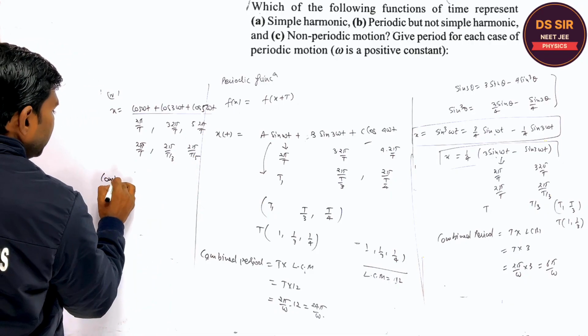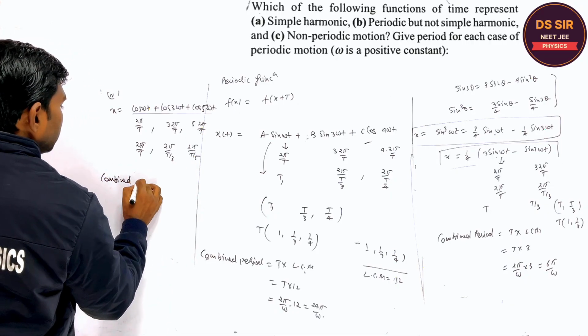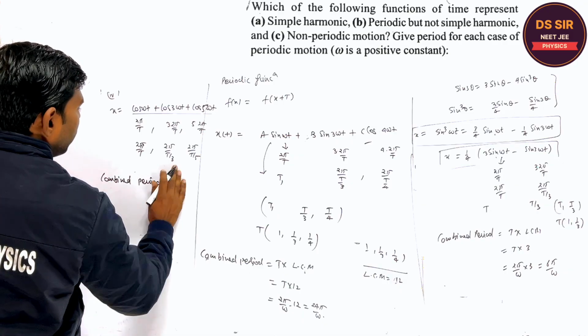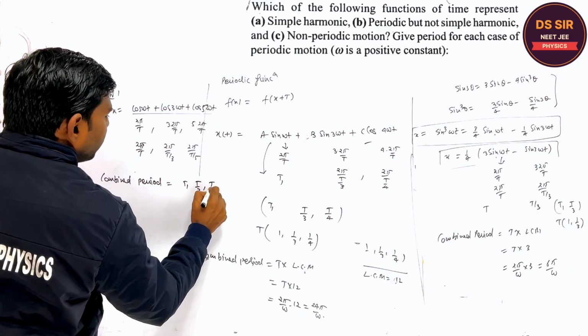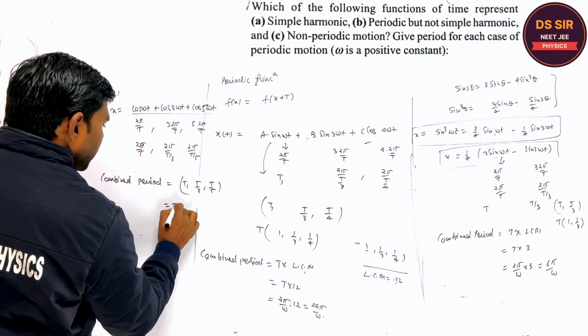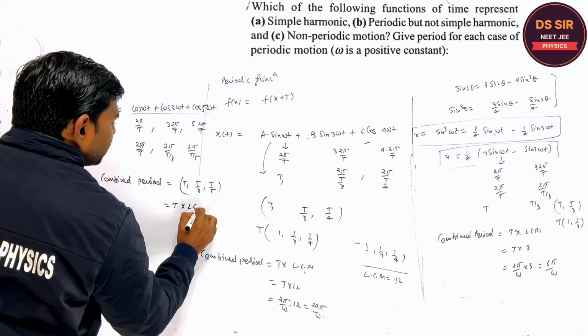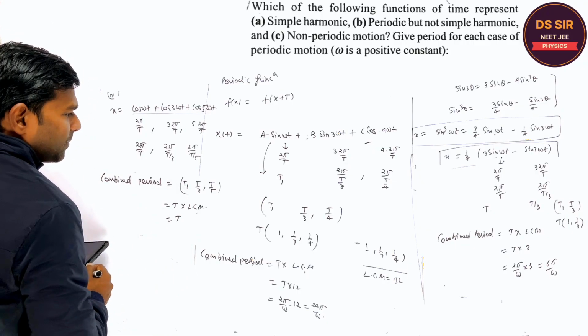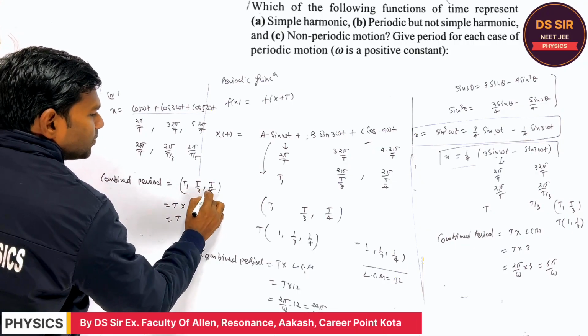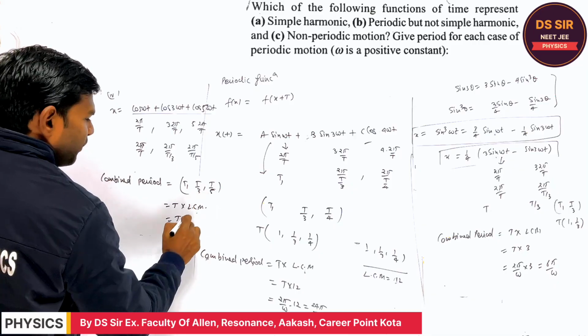So what is the combined period? How to find? It is T by 3, T by 5, right? And T into LCM, right? What is the LCM? Can you tell? 15.